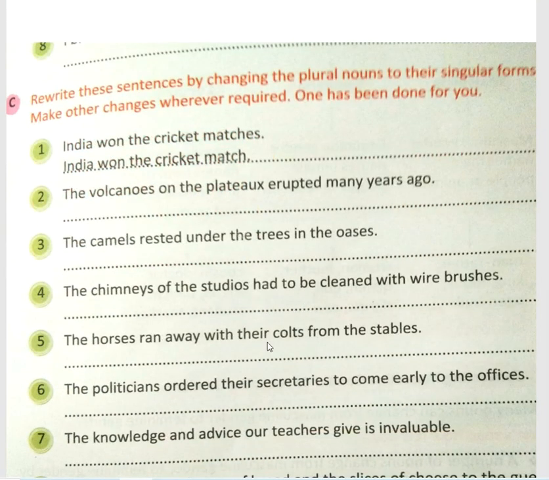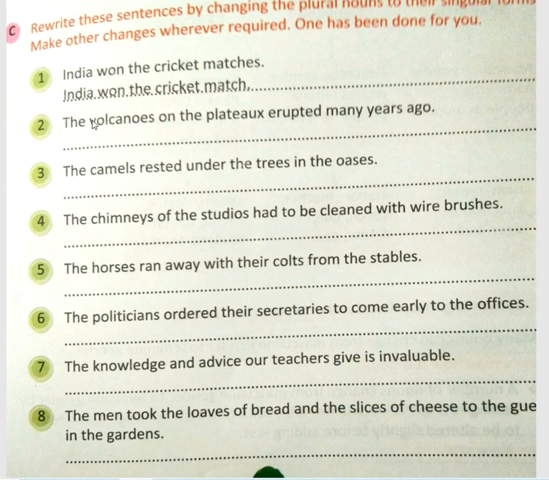Now we come to the next exercise, that is rewrite these sentences by changing the plural nouns to their singular forms. Make other changes wherever required. So first one is done. India won the cricket matches. India won the cricket match. The volcanoes on the plateau. See the spelling of plateau, children.